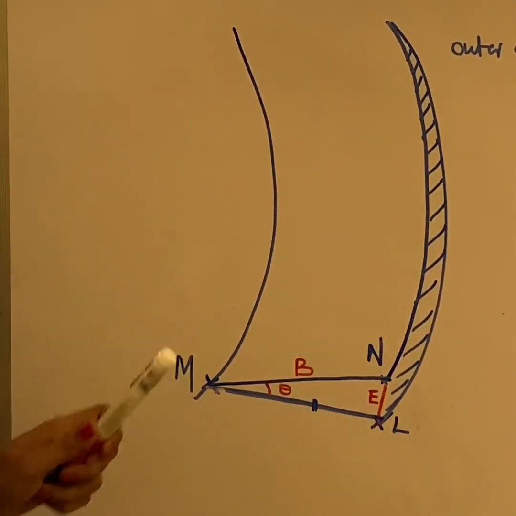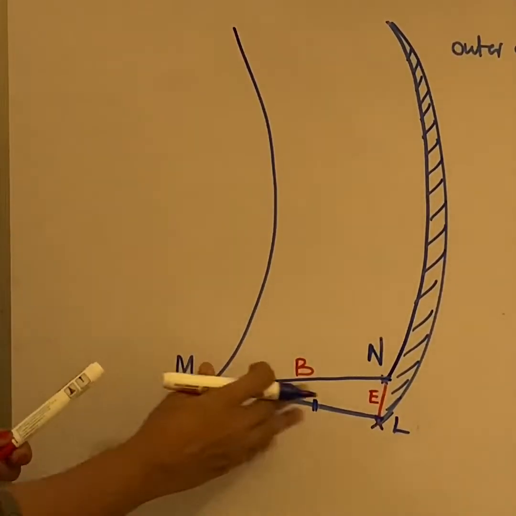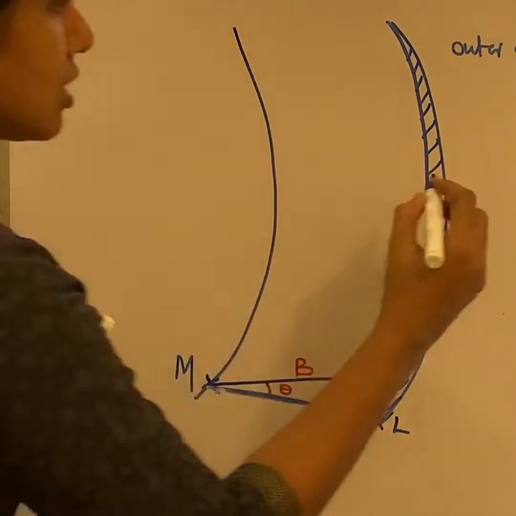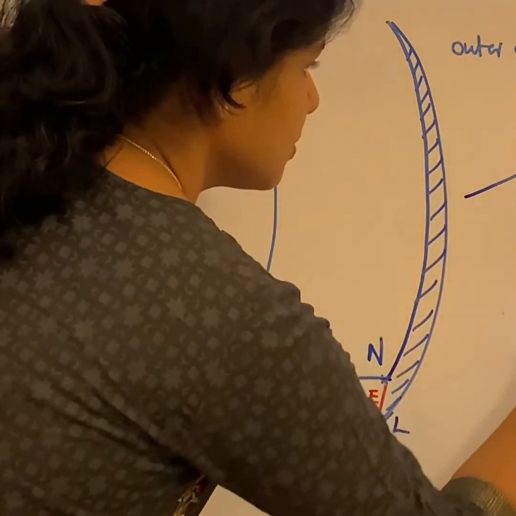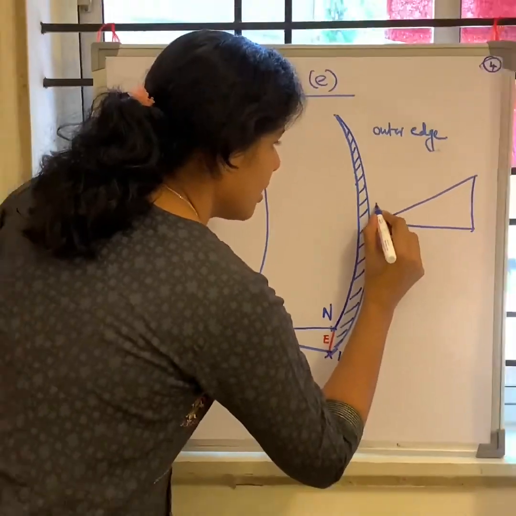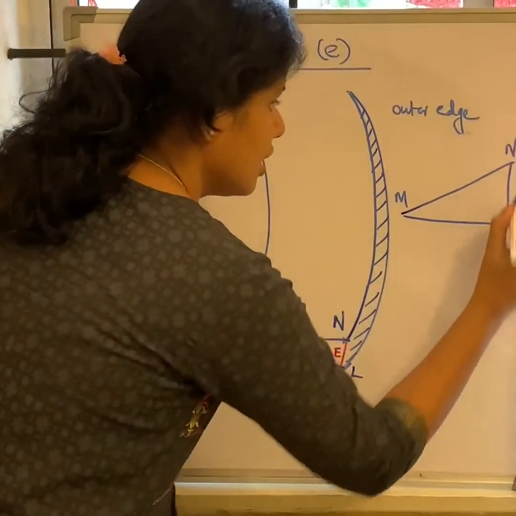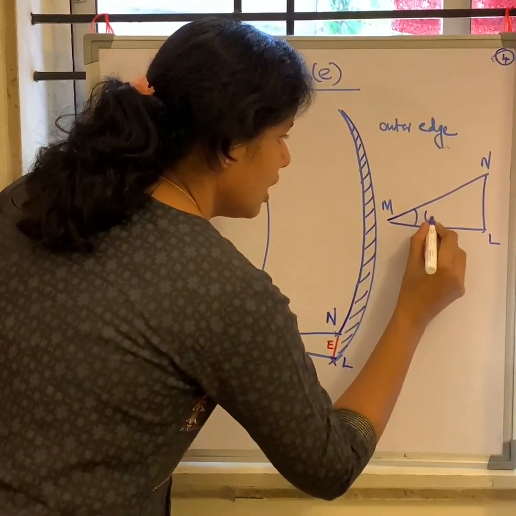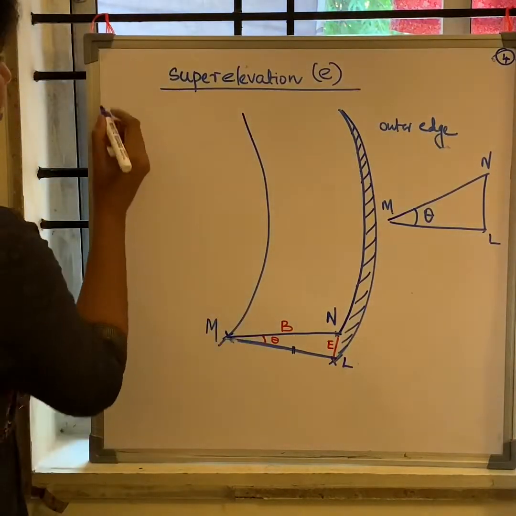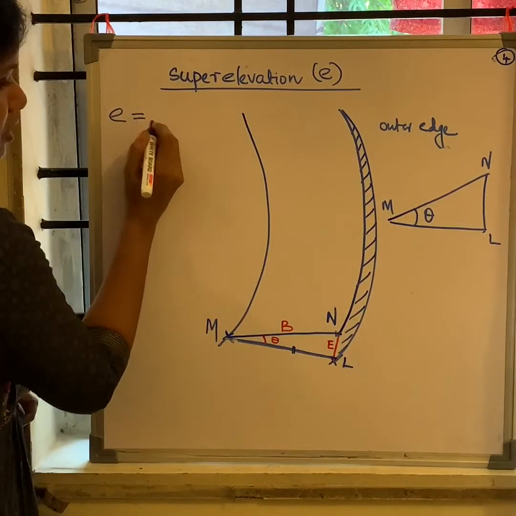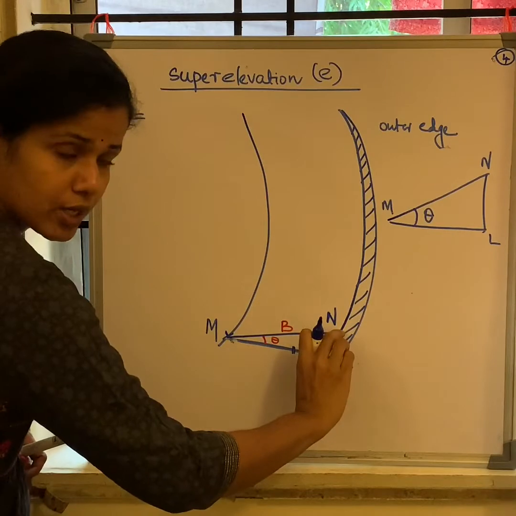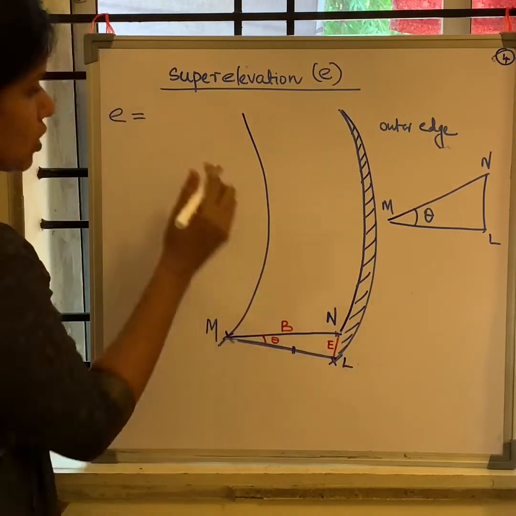Now let's derive an equation for superelevation. I'm just going to redraw this entire triangle here: M, N, L, and angle theta. What is superelevation? Superelevation E is equal to the height of the outer edge with respect to the horizontal width.